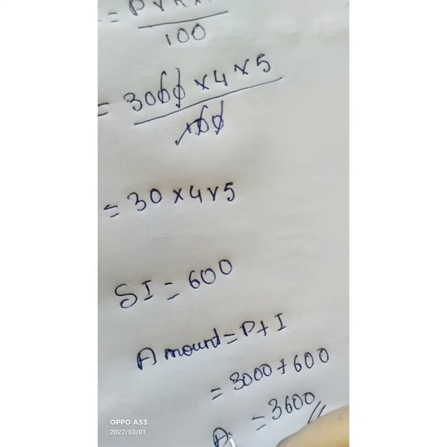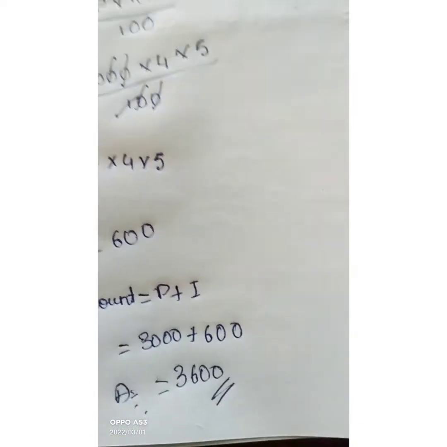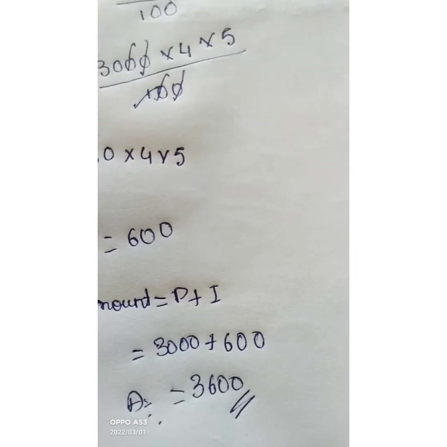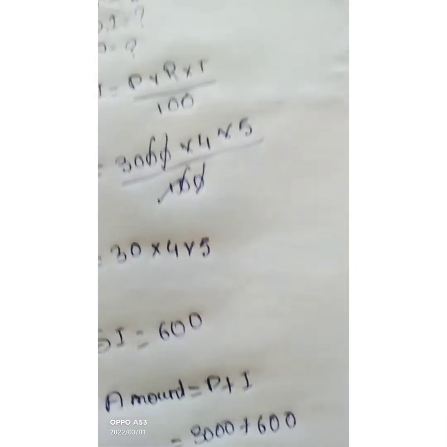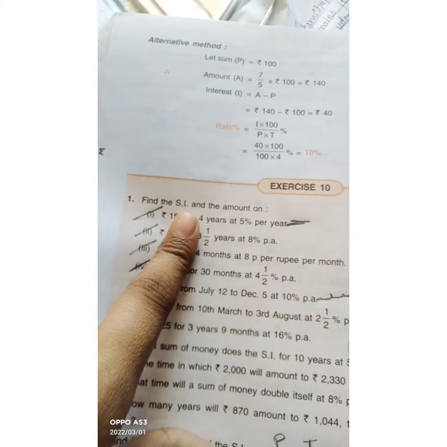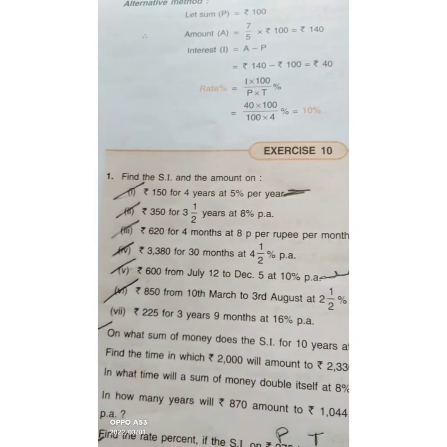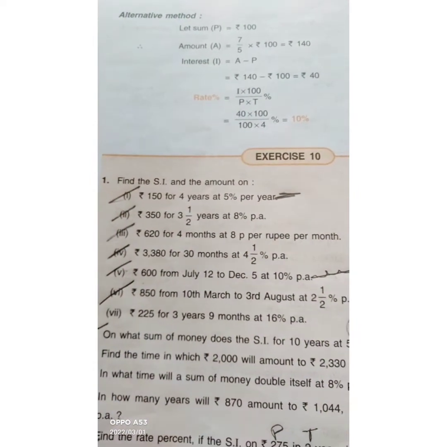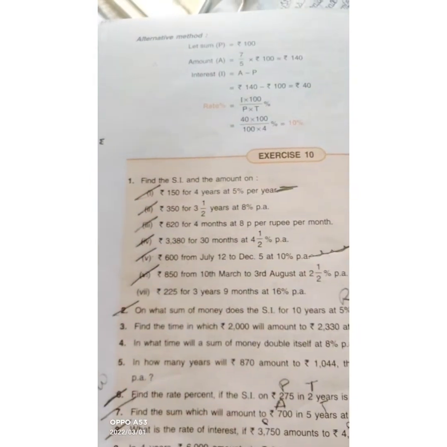So we get the answer as 3,600. I think you understood. Still more is there, I think. I will see. So here I taught you how to find the simple interest and the amount. Shall we do this sum?